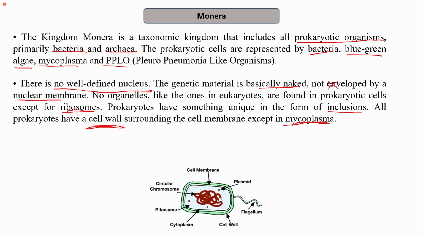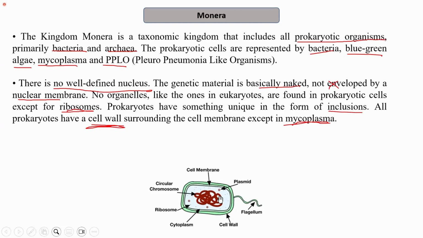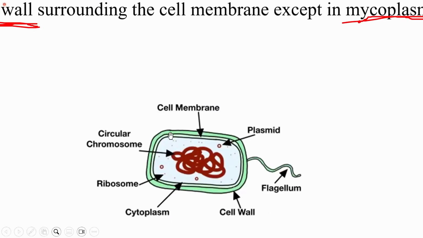So this is the basic structure of the Monera prokaryotic cell, where we have a cell membrane, and above it we have a cell wall that surrounds the cell membrane. Then inside the cell membrane, we have a semi-fluid matrix, known as the cytoplasm, that fills the cell.